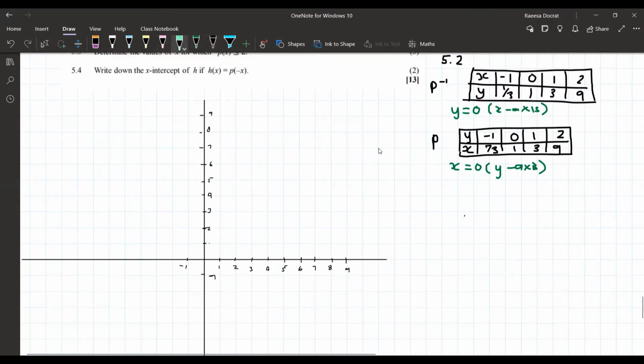Okay, so I'm going to first draw p inverse. At x is equal to minus 1, it's a third, so it's like a third of the way there. At x is equal to 0, it's 1. At x is equal to 1, it's 3. At x is equal to 2, it's 9. You can see that exponential growth there.